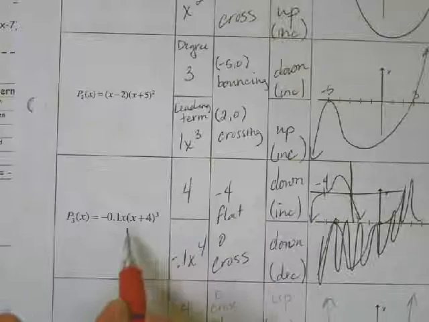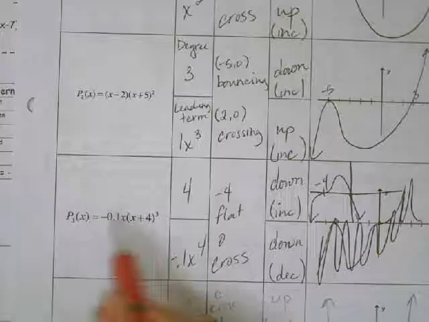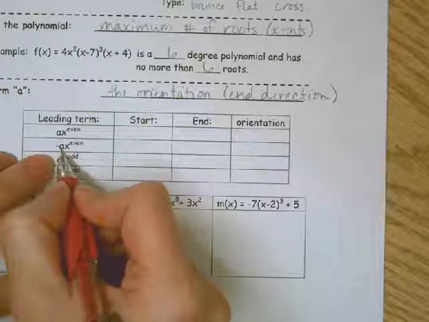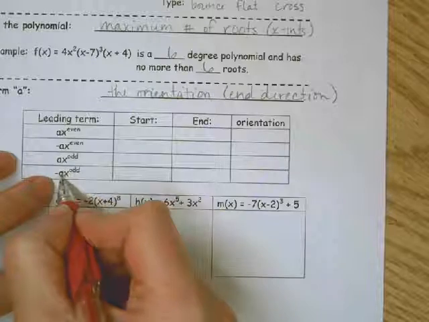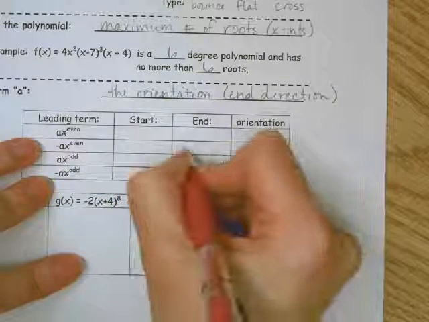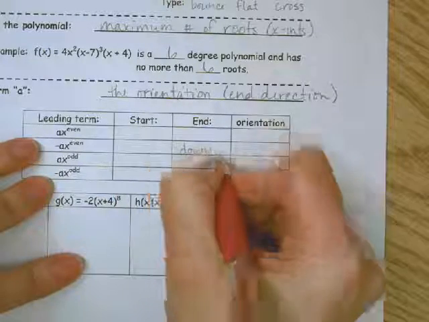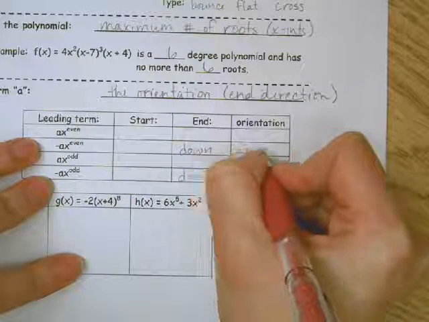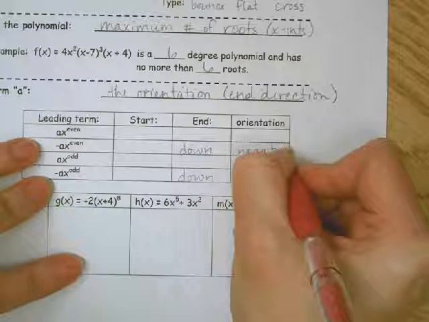However, when we came back here, there's only that one that has a negative, and that ending direction was down. So anytime we have a negative leading coefficient, our end direction is going to be down, which makes our orientation considered negative.